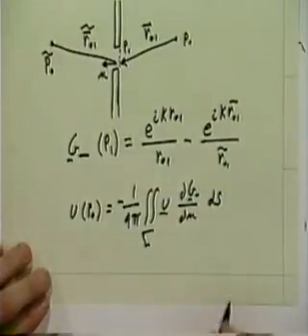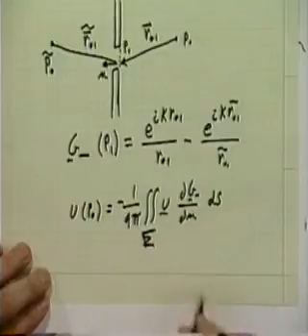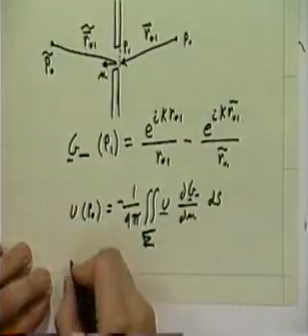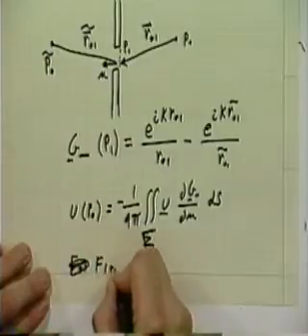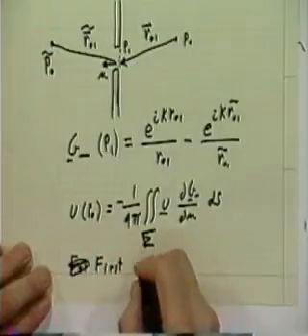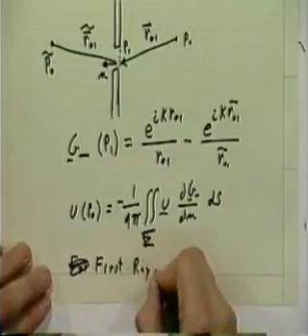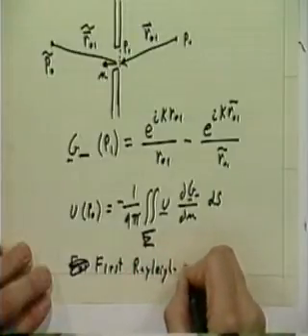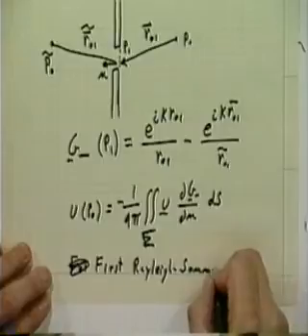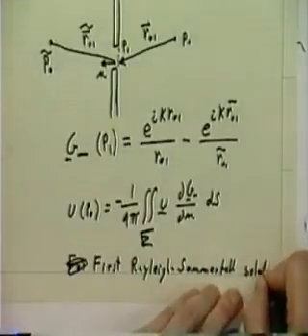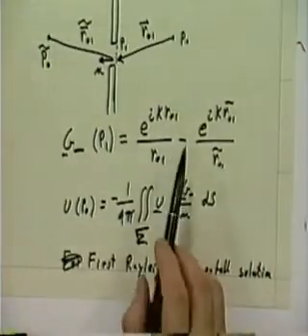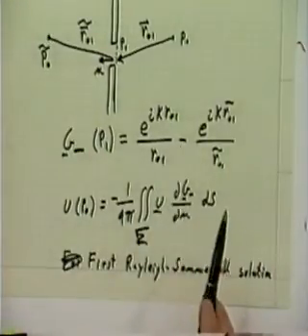And we're going to call this the first Rayleigh-Sommerfeld solution. The second solution will be when this is a plus sign instead of a minus sign. Okay.